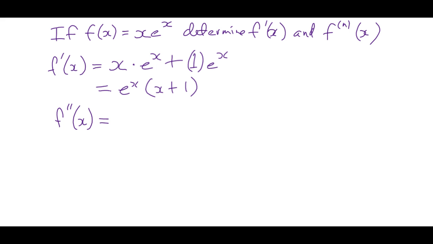Now, we've got two choices, right? We can either do it as a product or we can do it as a sum. Well, let's do it as a product. So we've got e to the x times x plus 1, so it's e to the x times the derivative of this, which is 1, plus x plus 1 times the derivative of e to the x, which is e to the x.